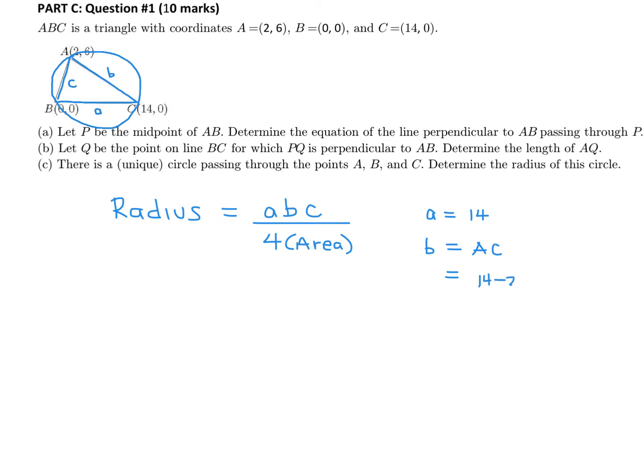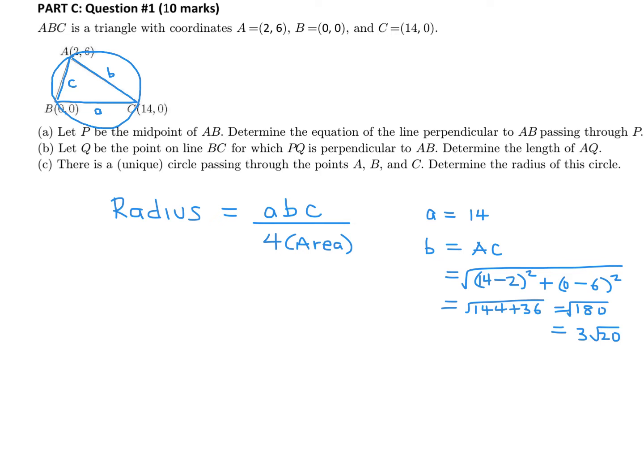So 14 minus 2 squared plus 0 minus 6 squared under the square root sign. And when you do this math, you get 144 plus 36, and that is the square root of 180, which can be written as 3 root 20.